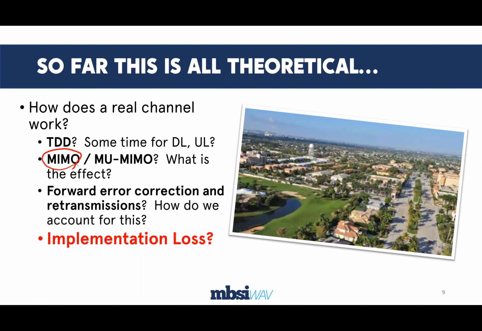So it does take some number of microseconds to get from here to there. And so I consider this all to be implementation loss. We need some kind of factor to consider to actually deploy all of these in real life. So we've got our four factors to bring this to the real world.